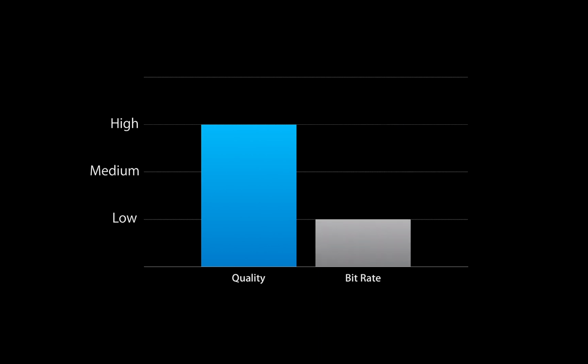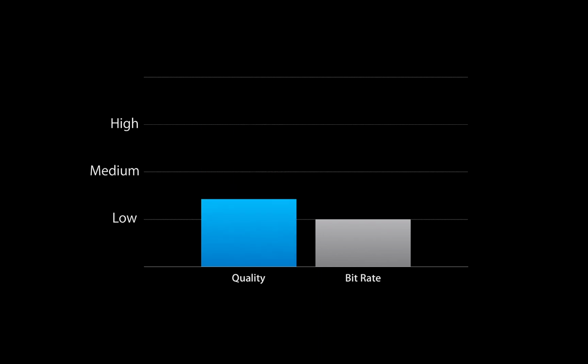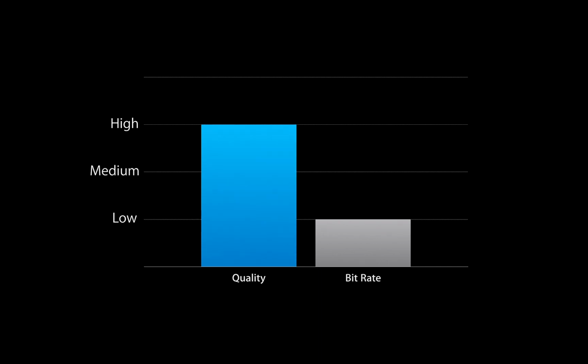So in that case, we want a low bitrate, but the quality isn't going to stay this high. Unfortunately, that's also going to go down as well. So we've all seen this as blocky encoder artifacts or an output image that doesn't really even look like the source. We don't want this either. Ideally, we want something like this, high quality and low bitrate. In order to achieve that goal, we've added multipass encoding to AV Foundation and Video Toolbox.